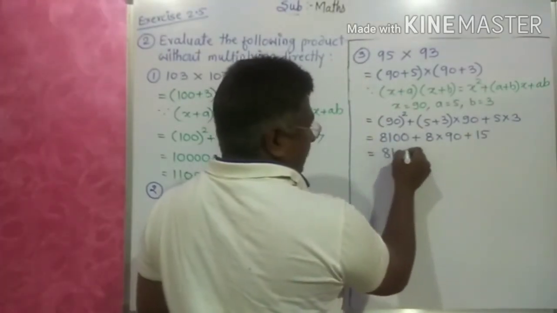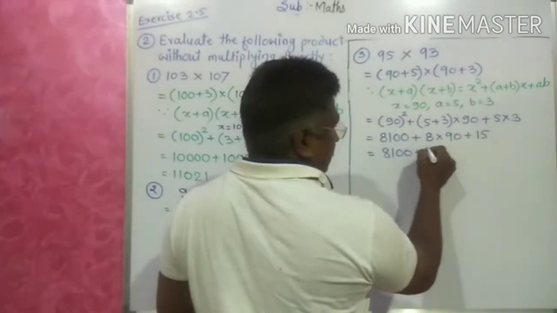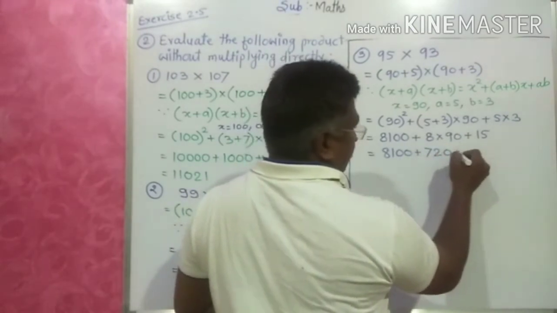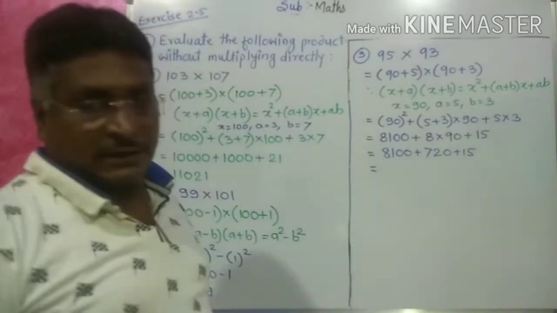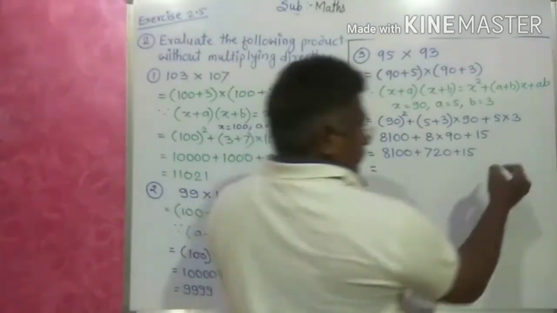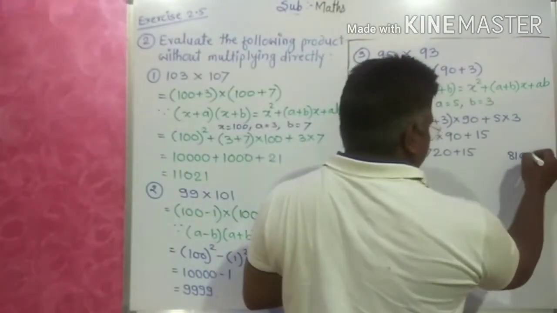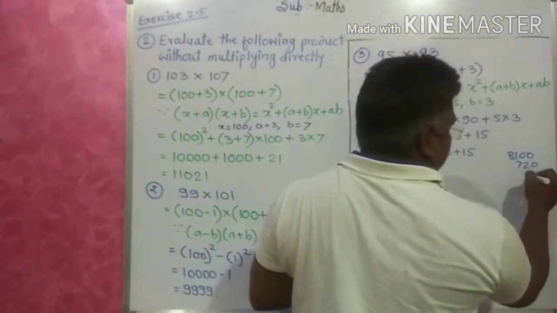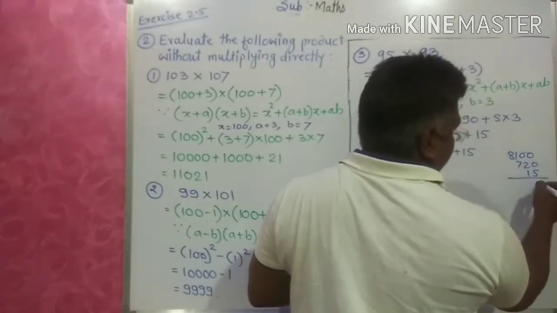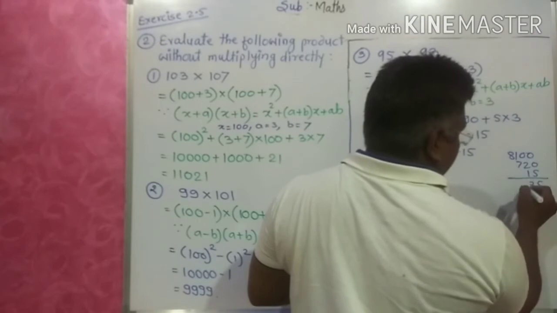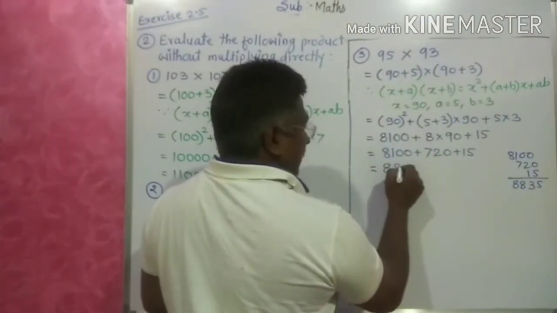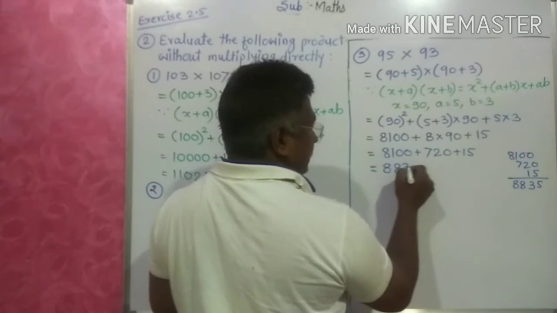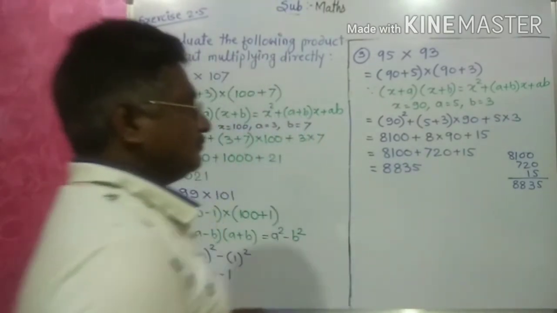So 8100 plus 720 plus 50. Now do the addition. Don't do it orally. Do it and then write the answer. 8,835.